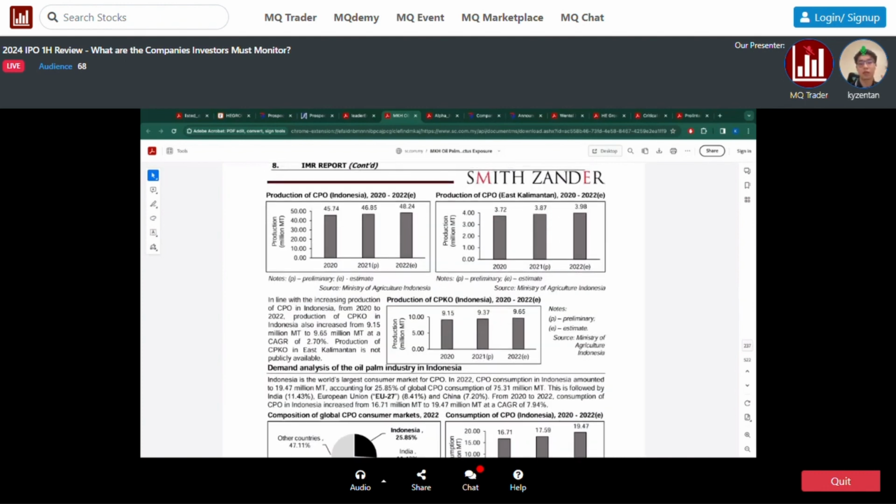Okay, so another thing you should look into, because of time constraint, I think I'll move into the last three companies quicker. You need to look at the valuation for the company as well. Very simple. There are a lot of CPO related companies, plantation companies in Malaysia, and you can compare their valuation. It's very straightforward.